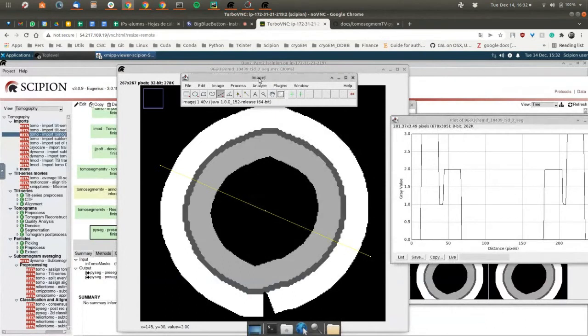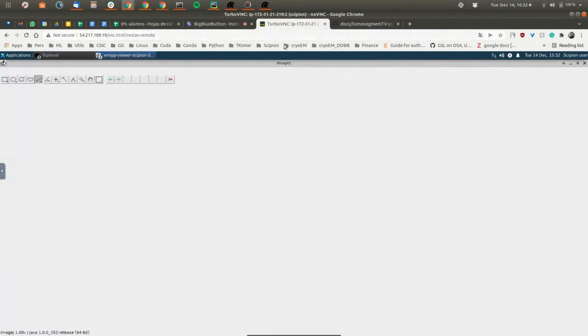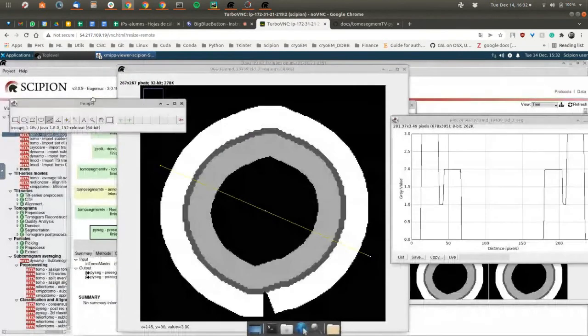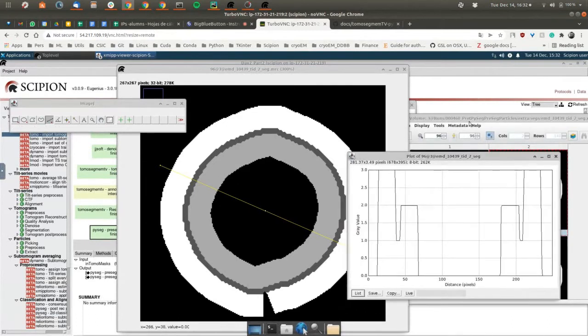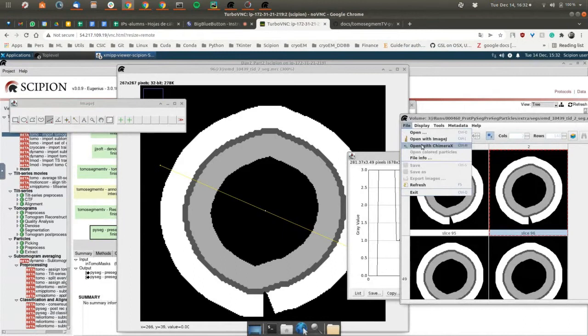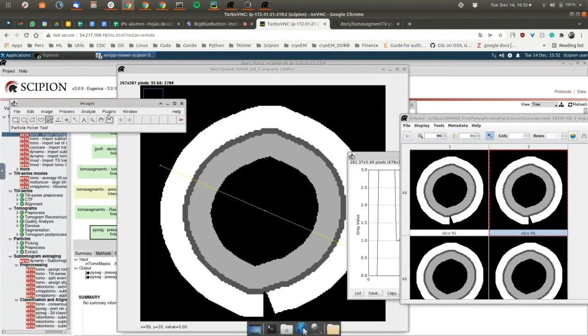Once you have this slice, which is obtained from the list, double click on it, you can go in the viewer to File and open with ImageJ, which will display this toolbar. Then you can select this line, click and drag to draw it, and finally Analyze, Plot Profile, which will generate automatically this figure.